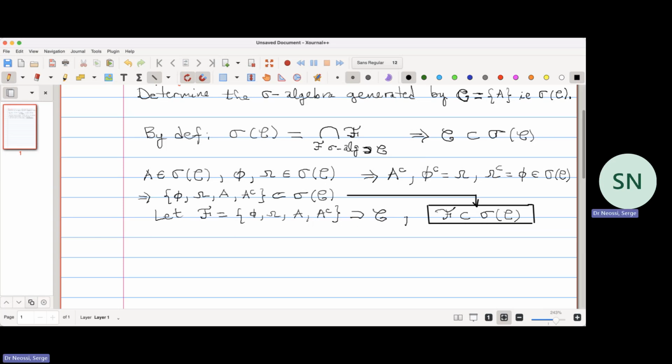Okay, so let's prove that F is a sigma algebra.